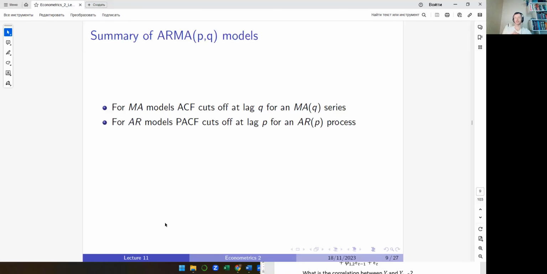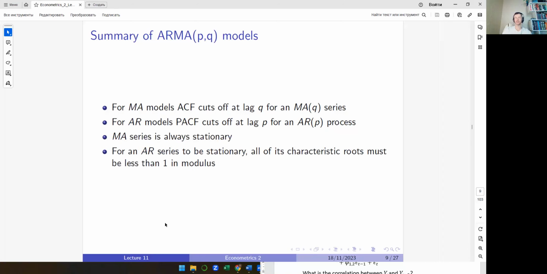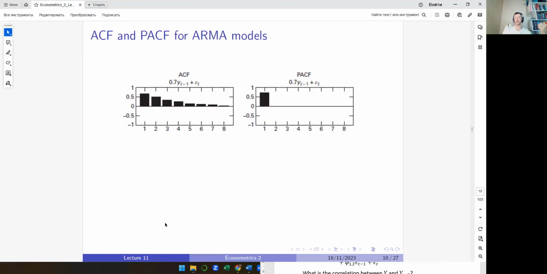And this identification is made through these two functions, either ACF or PACF. Also we know that MA series are always stationary, and for AR series we also need to test for the unit root, for the characteristic roots, that they are less than 1 in absolute value.